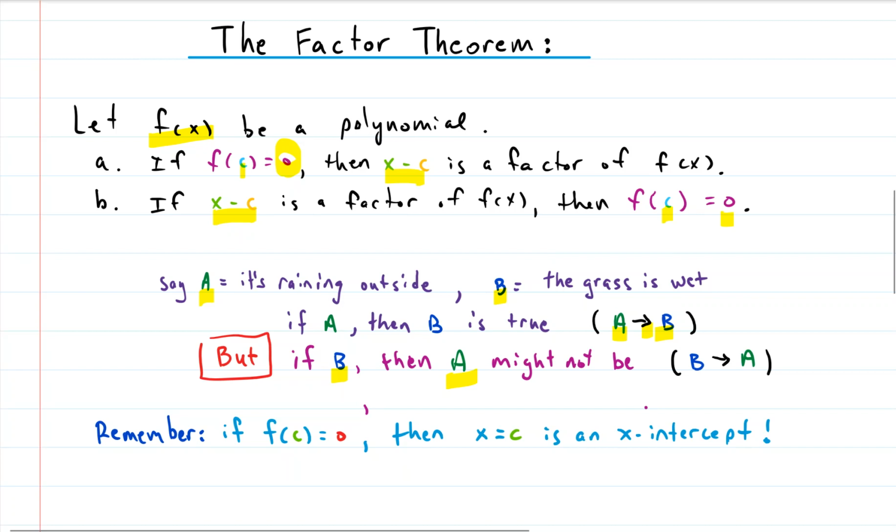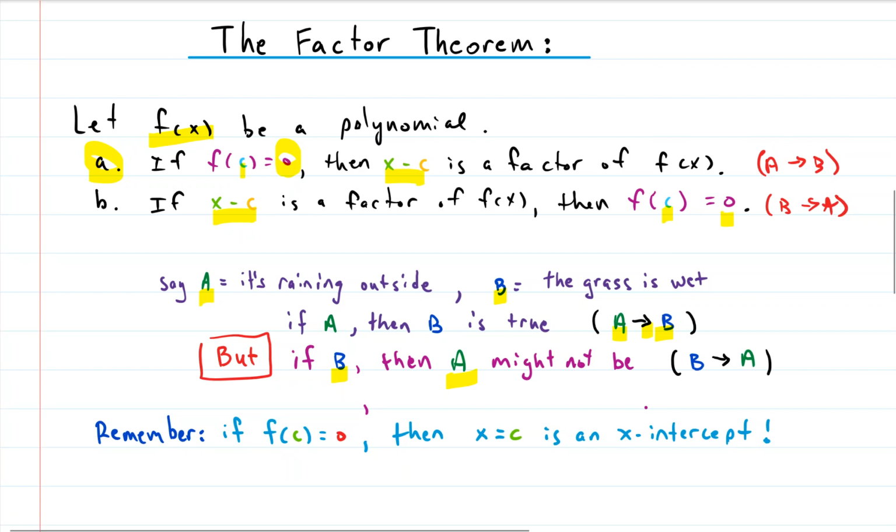So that's why we have to have two of these up here, because the first one, little a, is the statement if A then B. And the second one, little b, is the statement if B then A. What this factor theorem is saying is that both of those are true.